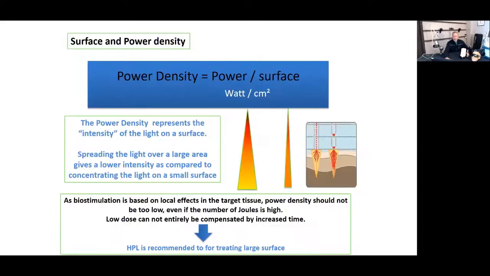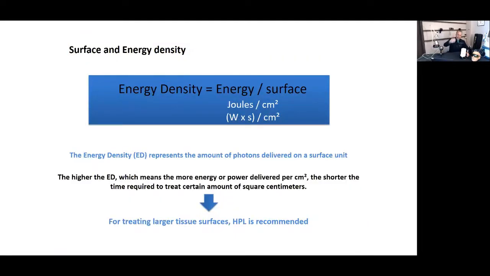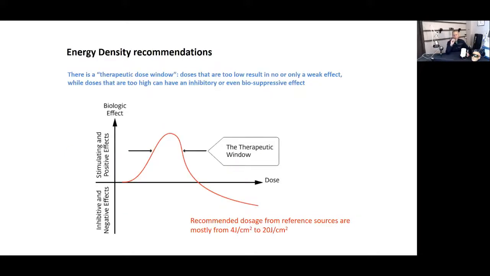So our ultimate goal is energy density to the target tissue. And so we want to get to that therapeutic window. And remember that that therapeutic window is about the same whether you're superficial or deep, but because of loss of energy when we go deeper, we have to irradiate longer, right?